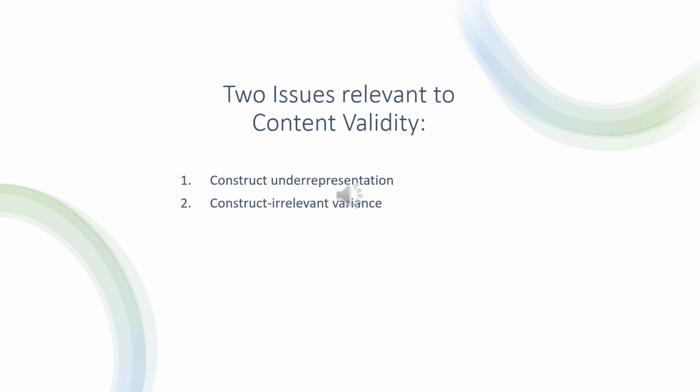Another example, a test of world history contains most of the items on European history. So, similar to examples I gave you on the previous slide, this is construct underrepresentation. So the validity of each of the tests that I mentioned would be threatened by construct underrepresentation.